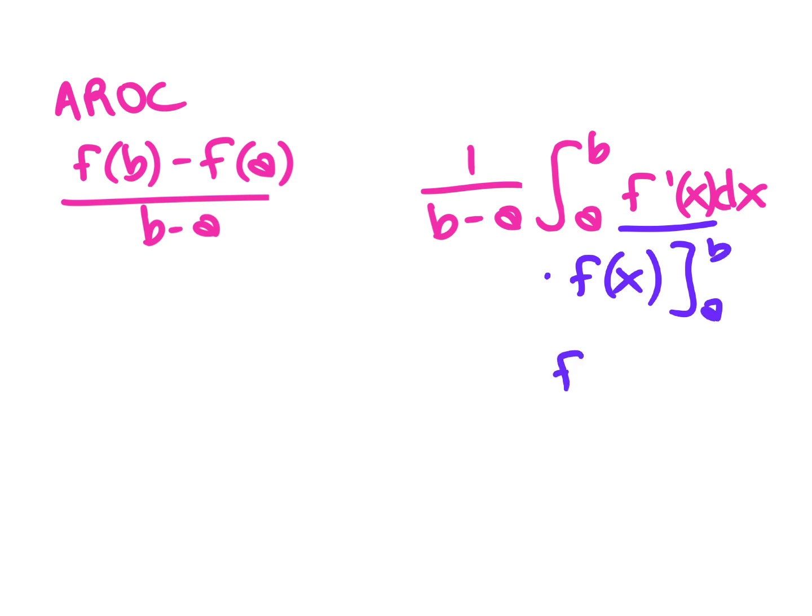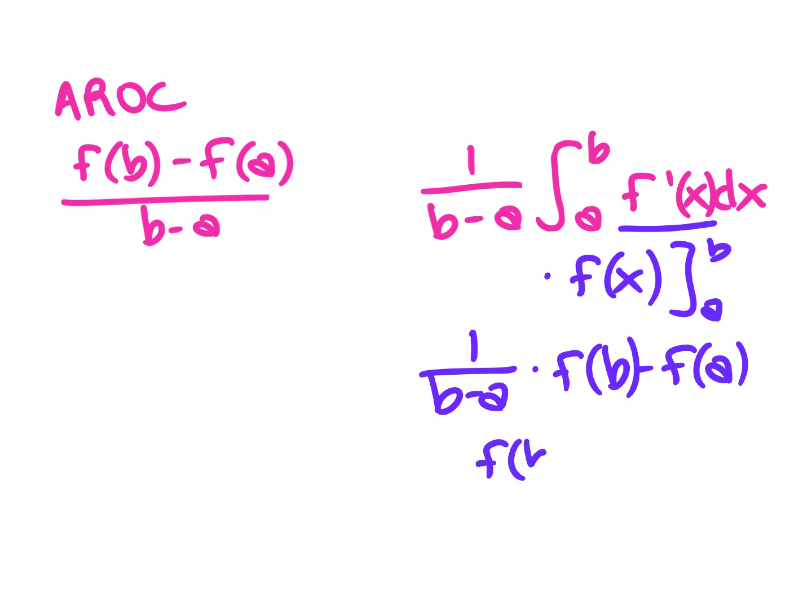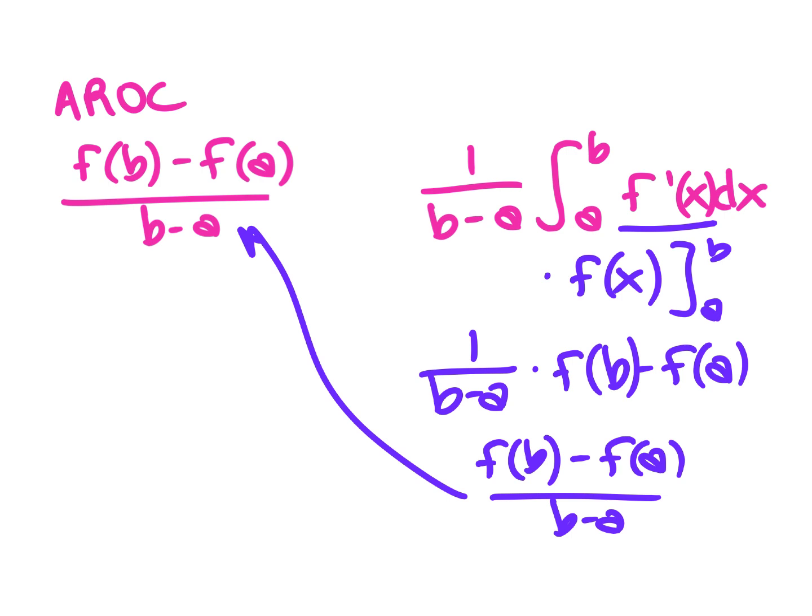F of b minus f of a, and that's being multiplied by this. So it's like the division stuff. It is. Doesn't that just go on top there? Isn't this actually my average rate of change formula? Here's the difference. That is the same as that.